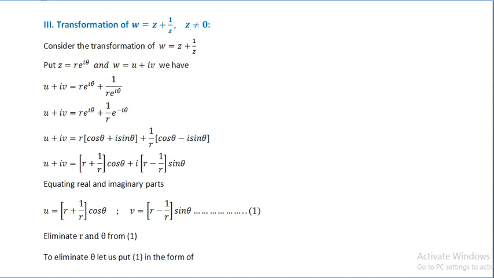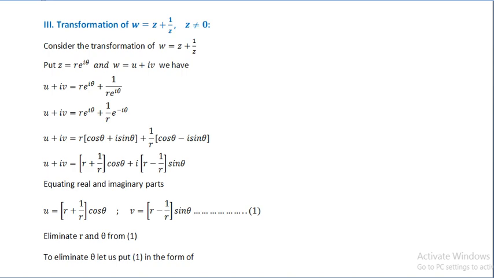Now we separate the real and imaginary parts on both sides. The real part is u = (r + 1/r) cos θ, and the imaginary part is v = (r - 1/r) sin θ. Call this equation number 1.